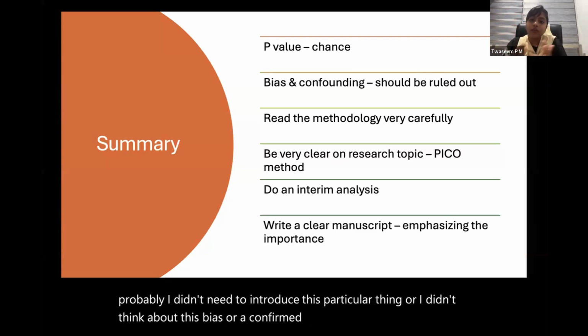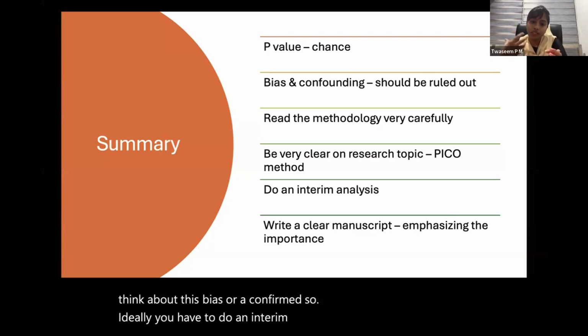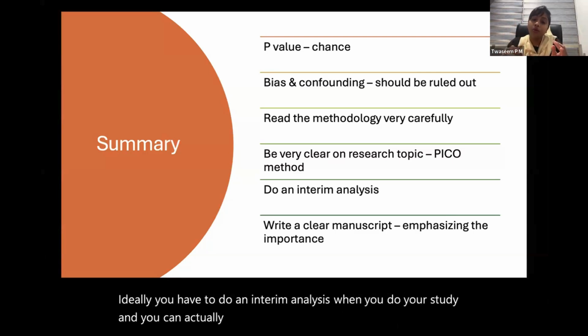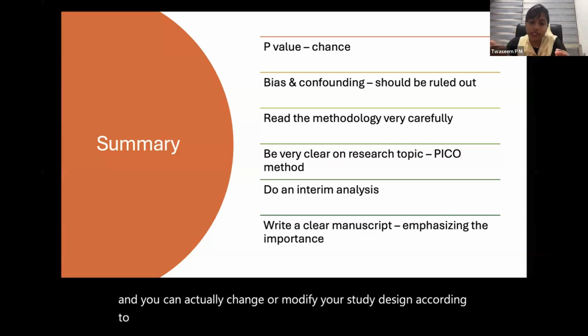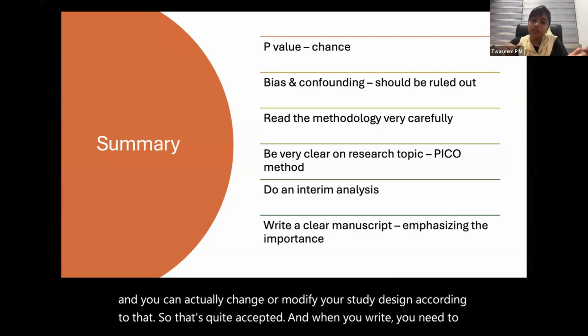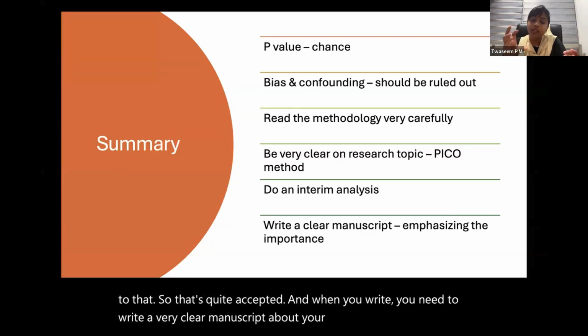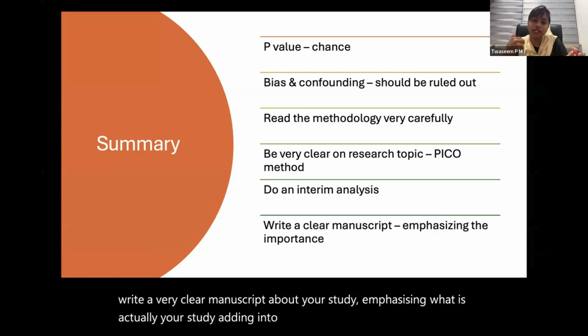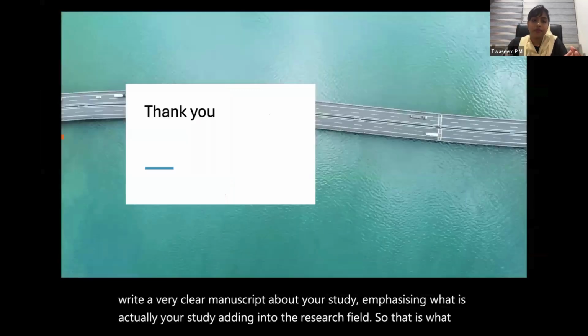So ideally, you have to do an interim analysis when you do your study, and you can actually change or modify your study design according to that. So that's quite accepted. And when you write, you need to write a very clear manuscript about your study, emphasizing what your study is actually adding to the research field.